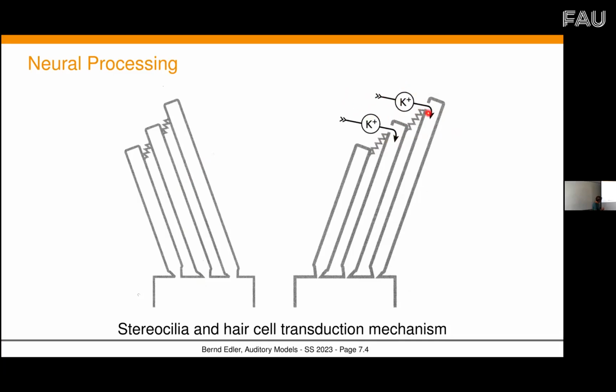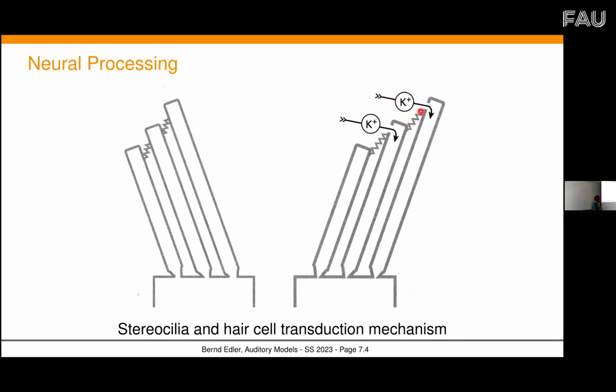Once they are opened, the potassium ions can enter these channels and enter the body of the hair cell if the hair cells are bent in this one direction. And you can imagine the more it's opened, the faster they can move to the inside.